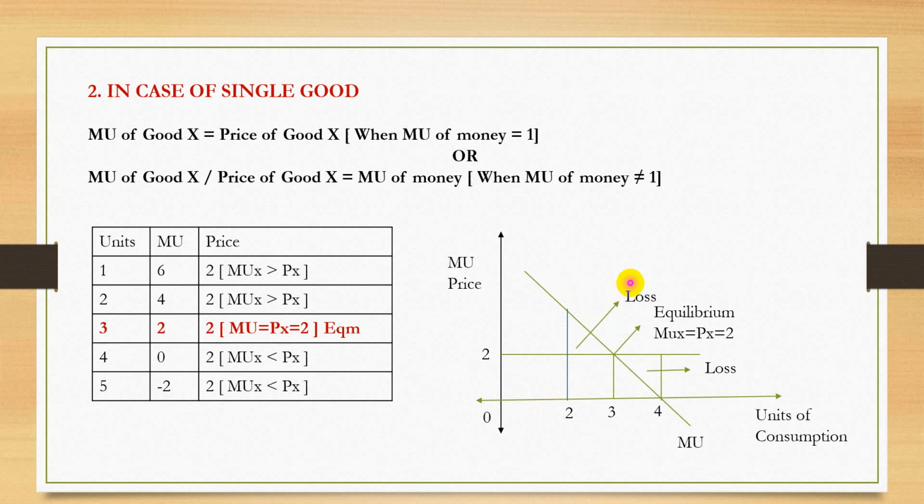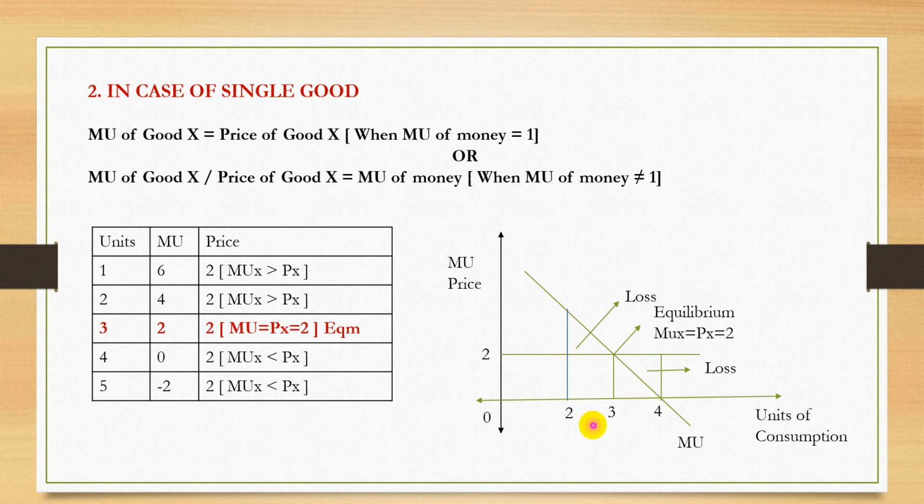Clear? At this level, MUx is greater than price, so there is a chance of getting additional satisfaction. So a rational consumer will not stop here. He will move from 2 to 3 to get this additional satisfaction. He will go till MUx is equal to Px.